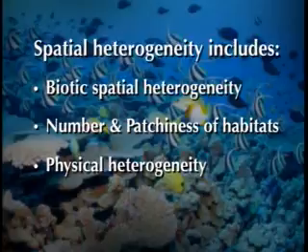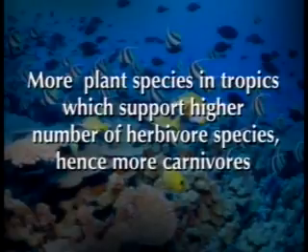Now, let me tell you, more plant species in tropics support a higher number of herbivore species, hence more carnivore species. That means a greater number of different species of plants, in fact, provides more habitats or hiding places for different kinds of other trophic levels.